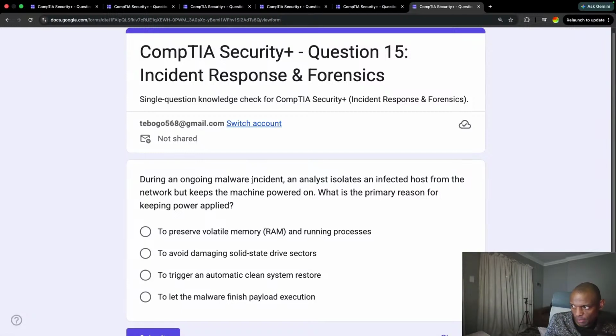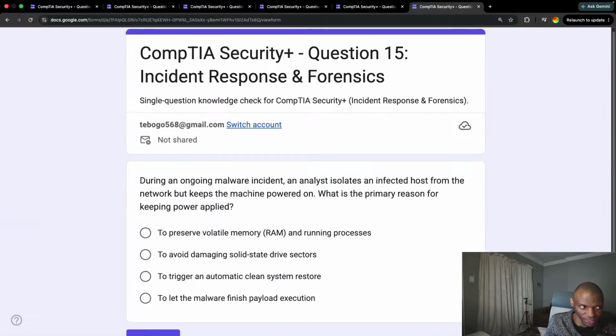During an ongoing malware incident, an analyst isolates an infected host from the network but keeps the machine powered on. What is the primary reason for keeping power applied? So why would they keep the power applied? Why won't they switch off the machine that they've isolated from the network?